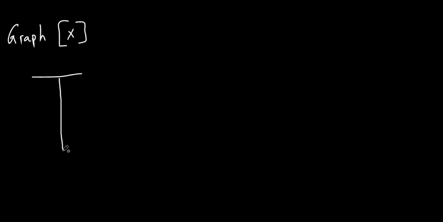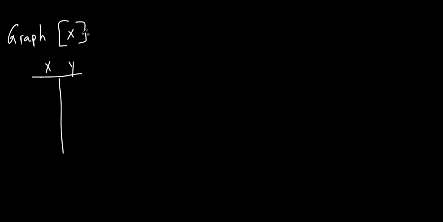Let's look to graph something. So what if I was to graph the greatest integer function of x? I'm going to start us off. It's going to be a weird graph. It's a graph that you've probably never seen before. All right, so we'll say x and y.